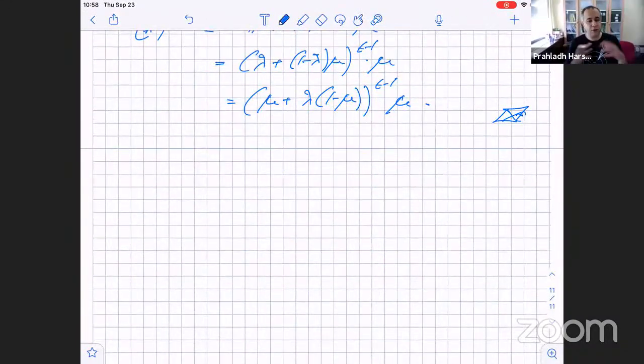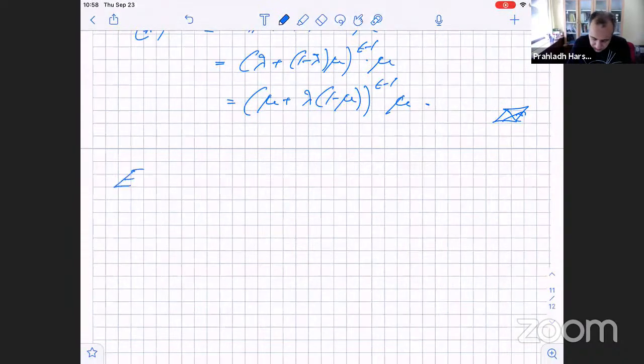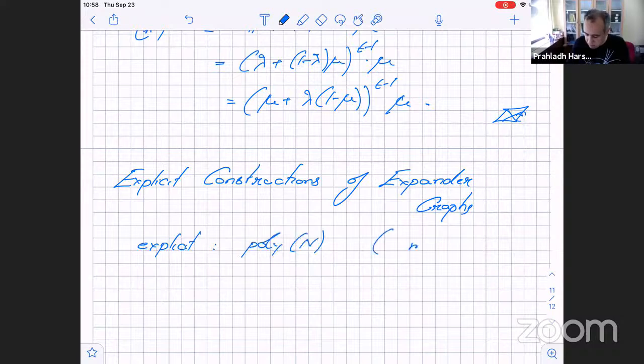Okay. So far, we've seen all these nice applications of expander graphs, but eventually we need explicit constructions of expander graphs. Recall we had two notions of explicit. A graph is explicit if it runs in poly in the size of the graph, poly in n. This is sometimes also called mildly explicit.